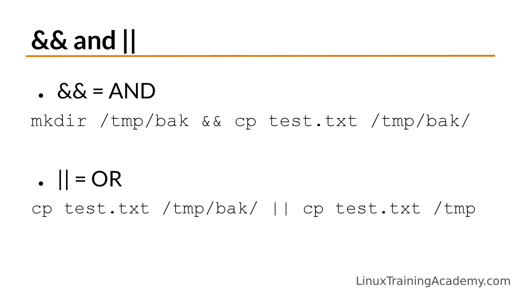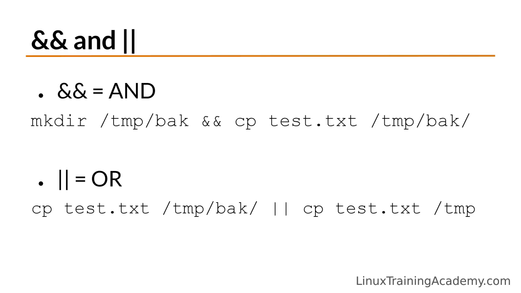The command following a double pipe will only execute if the previous command fails. If the first command returns a non-zero exit status, then the next command is executed. In the OR example, the first cp command, cp test.txt /tmp/bak, is executed. If it succeeds, the next cp command is not executed.